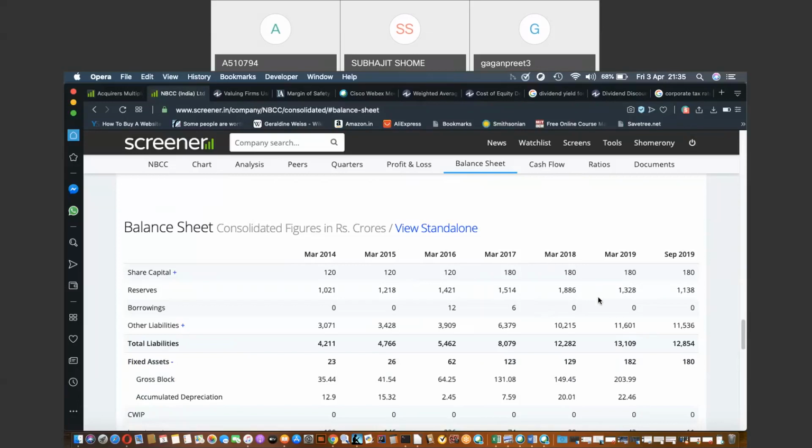We added 6. So 459 plus 6, that was depreciation.